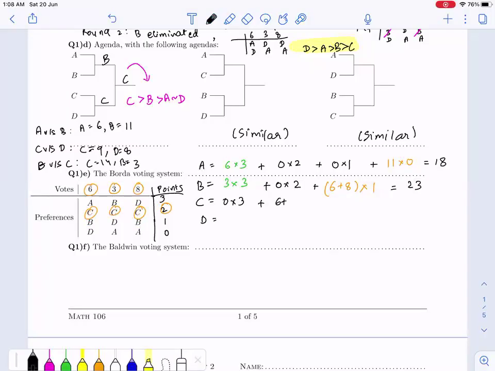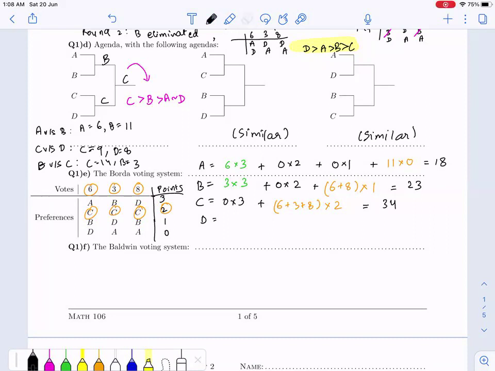This is 6 plus 3 plus 8, the number of voters voting it as their second choice, and the second choice gets weight 2. And then C is not the third choice for any voter. C is not the fourth choice for any voter. So this would now be 9 plus 8, which is 17 times 2, which is 34.